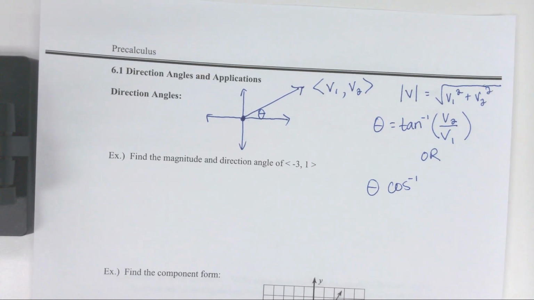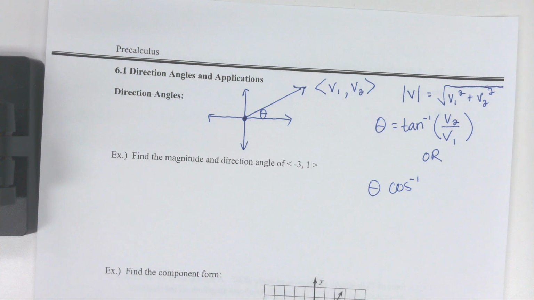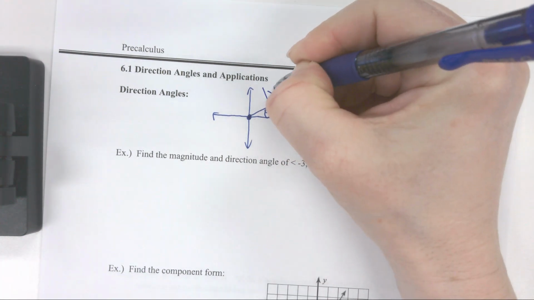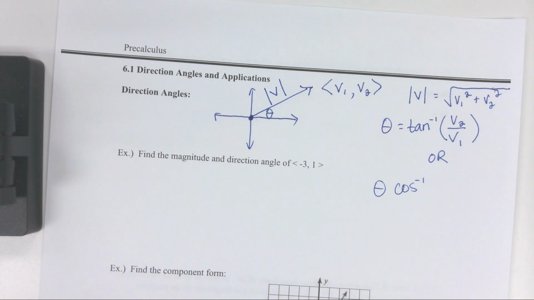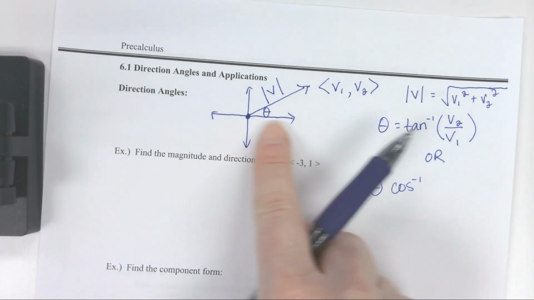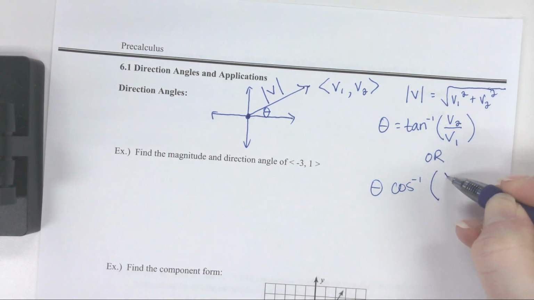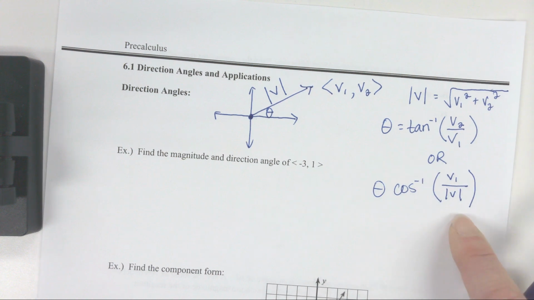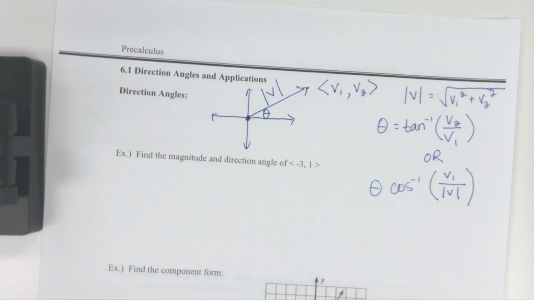If you were doing cosine inverse, what would we use instead of opposite and adjacent? Adjacent and hypotenuse, except the hypotenuse is just a fancy name for the magnitude here. So you would use the adjacent, which is this piece, V1 over the magnitude. You might see our book has that one written. Really, I don't care as long as you get the angle right.